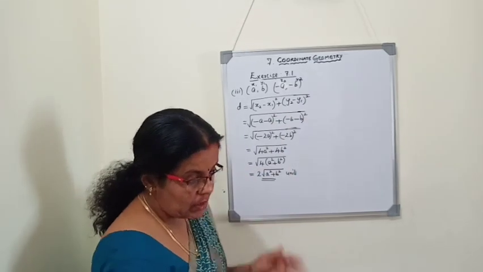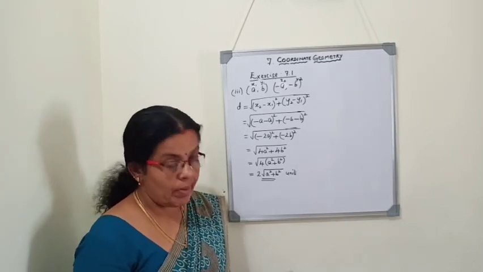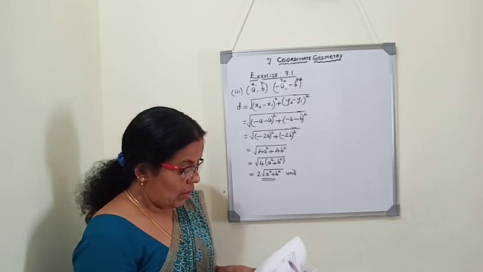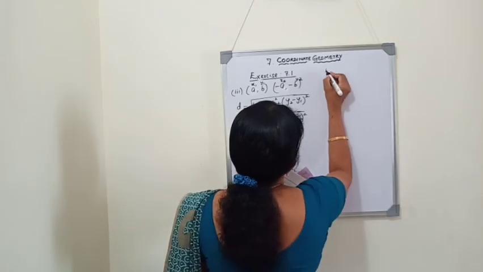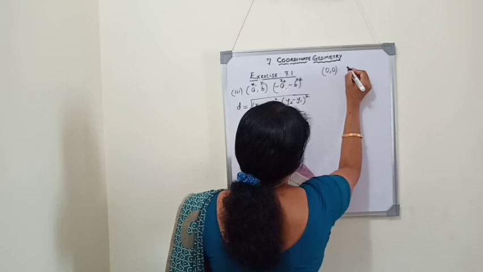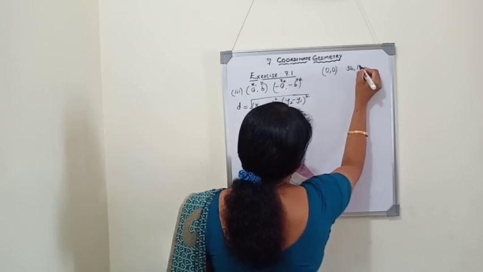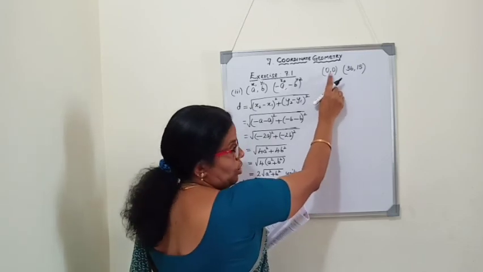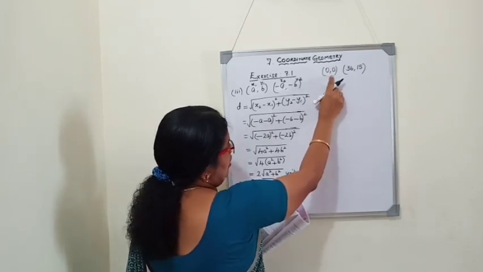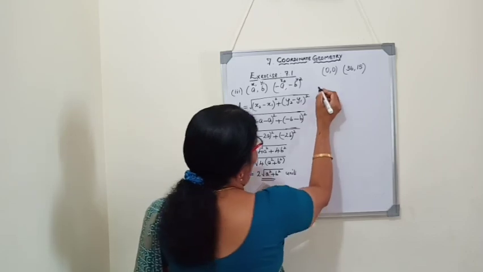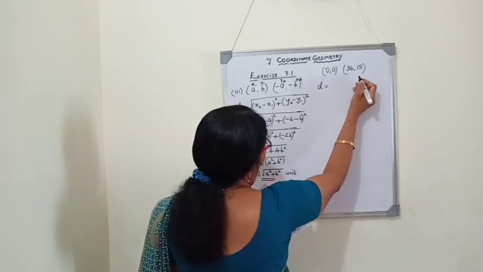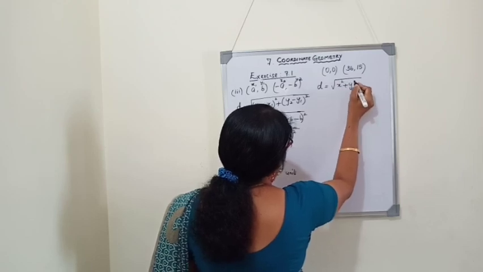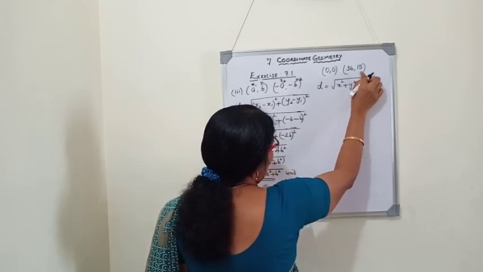The next question is find the distance between the points 0, 0 and 36, 15. As I told you, one is origin. Coordinates of origin is 0, 0 and one more point. So whenever you find the distance between an origin and a point, we can directly use the formula square root of x square plus y square, where x and y are 36 and 15.